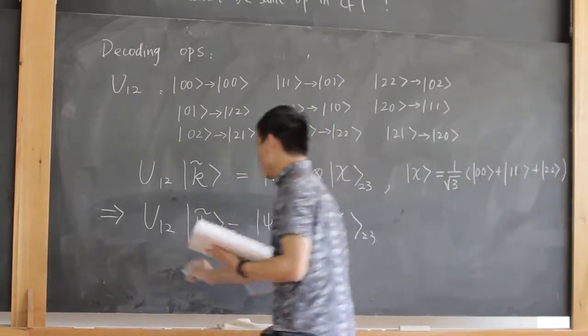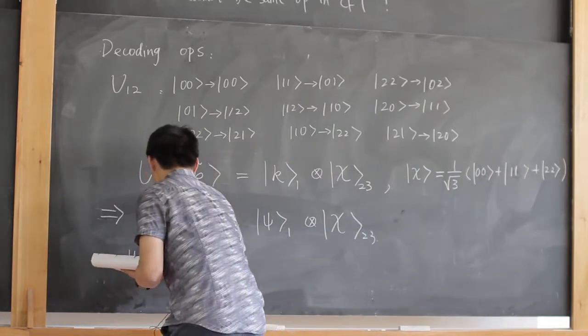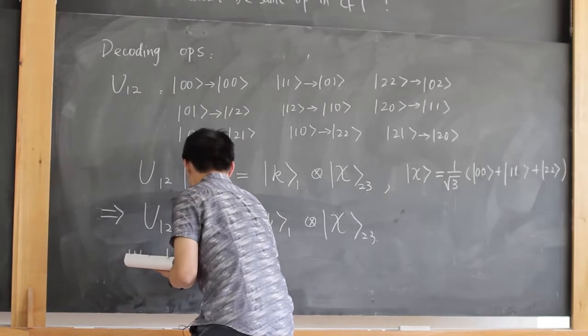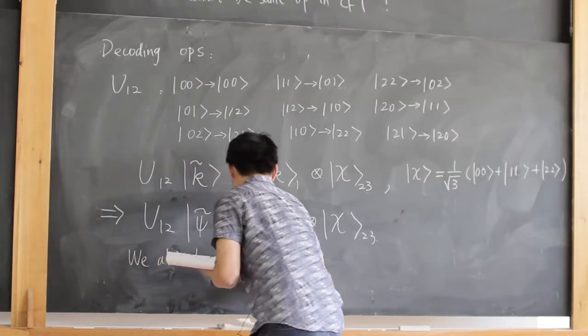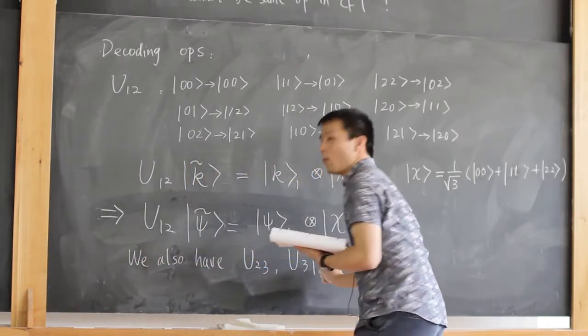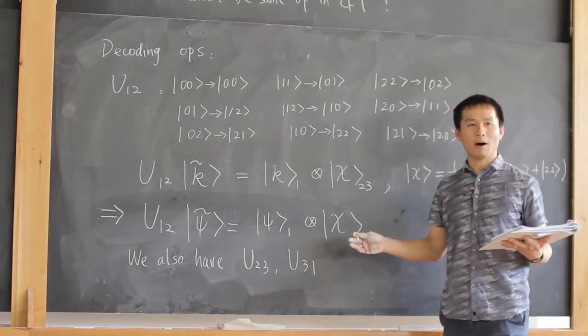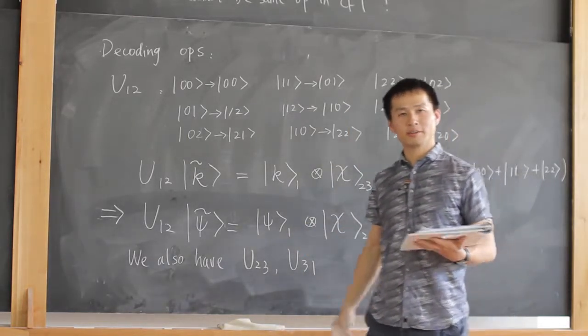So by symmetry, we also have U23, U31 doing the same job, also decoding the information for us.